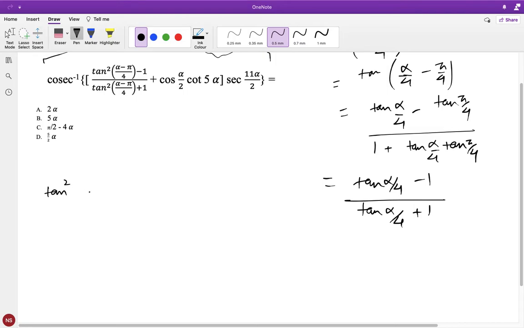So what is tan square of alpha by 4 minus pi by 4? Square of this?